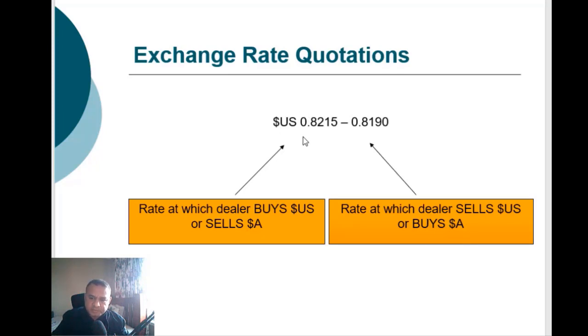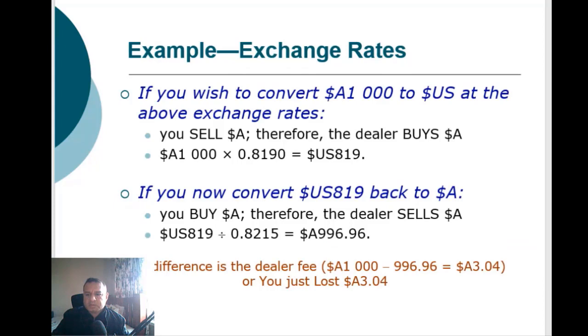And this rate, 0.8215, is the rate at which the dealer buys US dollars. So when the dealer buys US dollars, you sell US dollars, or they sell Australian dollars and you buy the Australian dollars. That's how it goes. So for example, if you want to buy some US dollars, they will sell the US dollars, and you are going to get this rate.